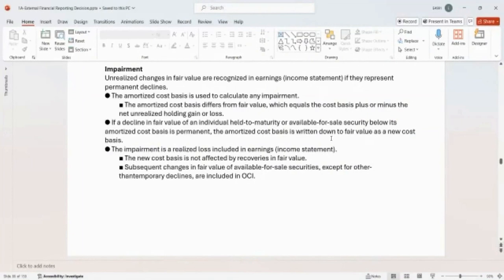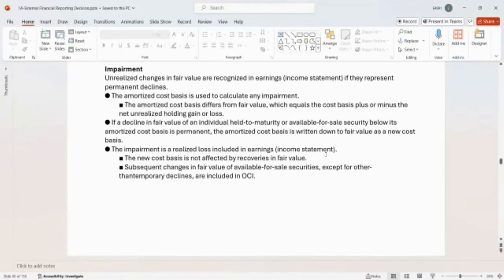If a decline in fair value of an individual held to maturity or available for sale security below its amortized cost basis is permanent, the amortized cost basis is written down to fair value as a new cost basis. The impairment is a realized loss included in earnings, the income statement.